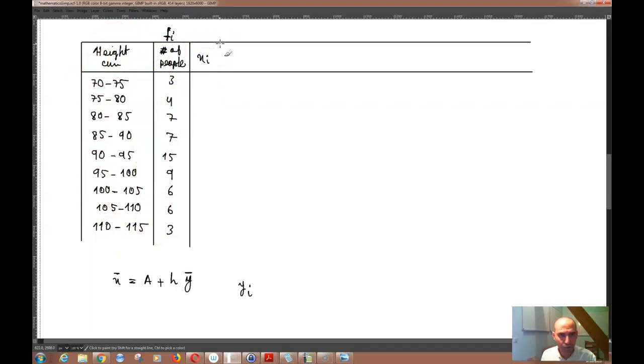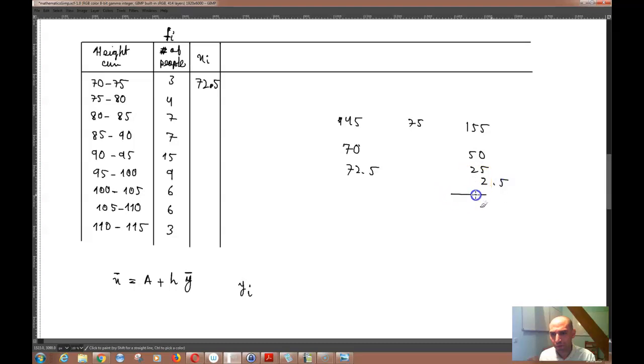So x of i here is the average of the upper and lower limits of the class sizes, which is, for example, 70 plus 75 is 145. 145 divided by 2 is 72.5. 75 plus 80 is equal to 155. 155 divided by 2 is 77.5.